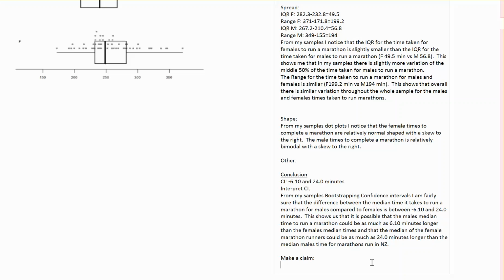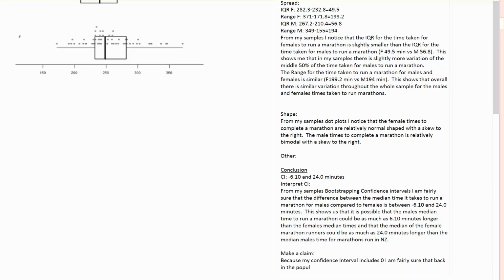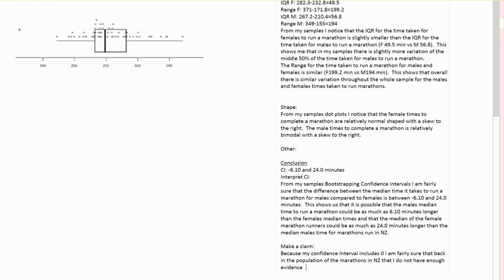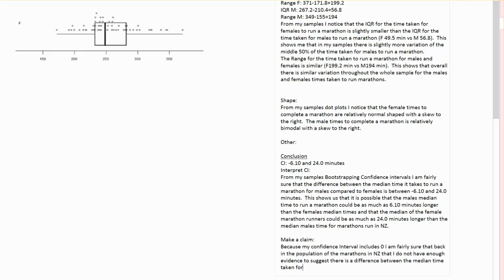So I could say, because my confidence interval includes 0, I am fairly sure that back in the population of the marathons in New Zealand, I do not have enough evidence to suggest there is a difference between the median time taken for females and males to run a marathon.